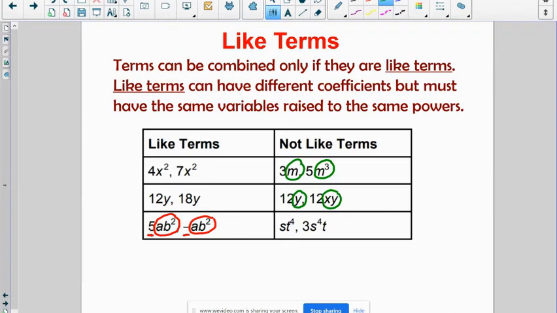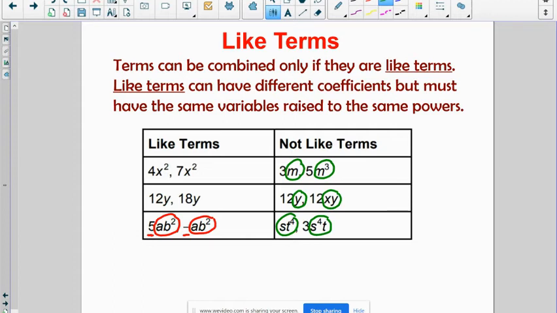Those are obviously not the same. One of them includes an x, the other doesn't. Now in the last one, it might look like they should have been like terms, but look at where the exponent is. On the first term, the exponent is on the t. On the second term, the exponent is attached to the s. Because they're not the same variables raised to the exact same powers, they're not like terms.